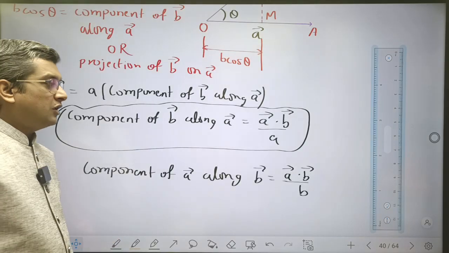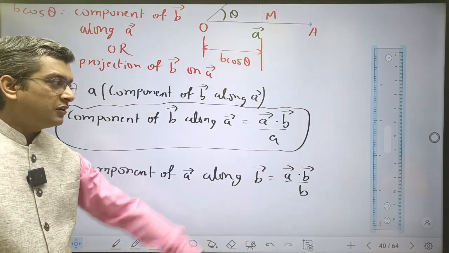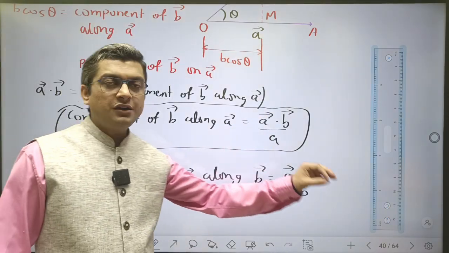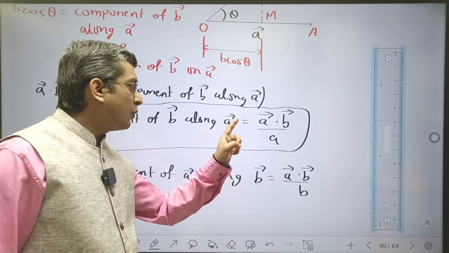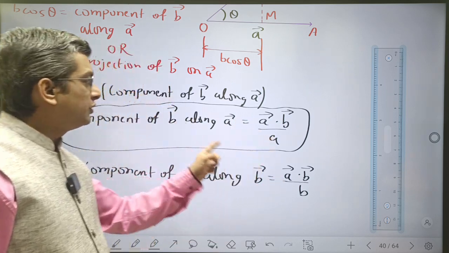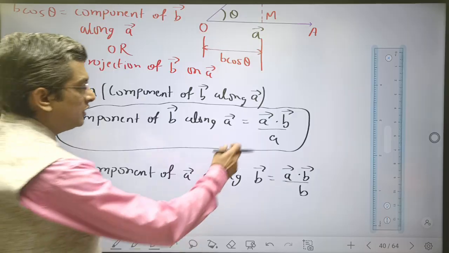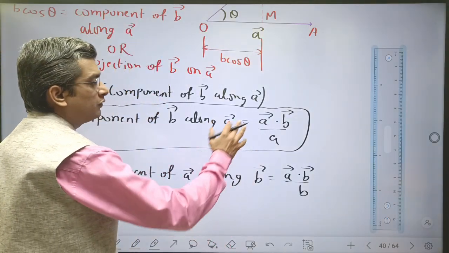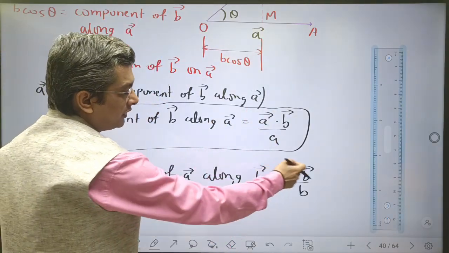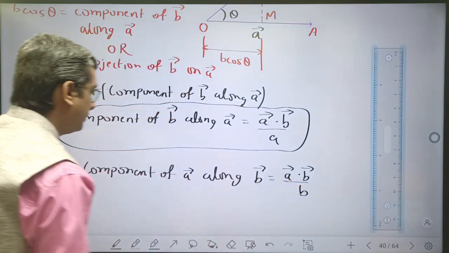So observe this formula carefully. The numerator is fixed, that is A dot B, and in the denominator you have the magnitude of the vector along which you have to take the component. So along A we divide by A. Here we take the component along B, so we divide by B, isn't it?